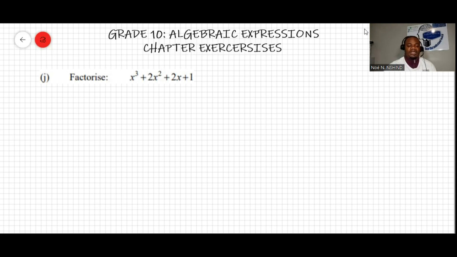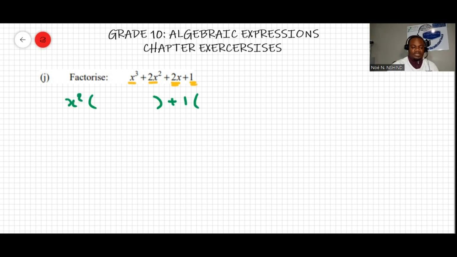Now we have this question here that says factorize x cubed plus 2x squared plus 2x plus 1. Now to factorize, I will take the common factor there, x squared, and then over here, the common factor will just be 1, okay?